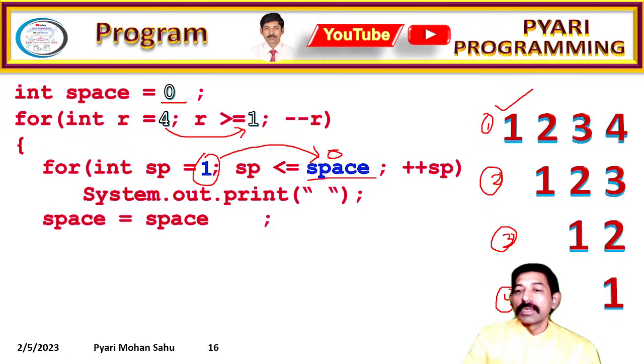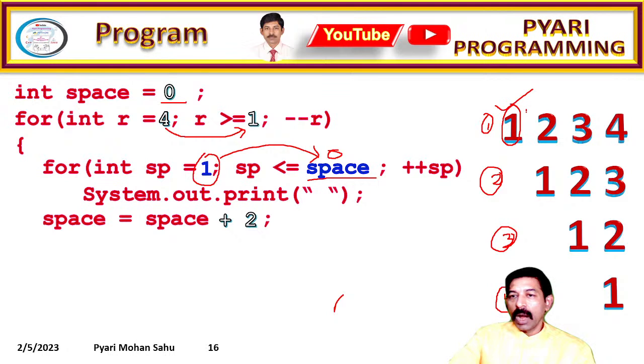Now last time it was decreasing, now it is increasing. So that's why it is plus 2. Because I don't want to print this one. 1 space. I don't want to print this one. 2 space. Now here we have 2 spaces. Initially it is 0. 0 plus 2 is equal to 2. Now this is 1 and this will become your 2. So 1 to 2, how many times? 2 times.